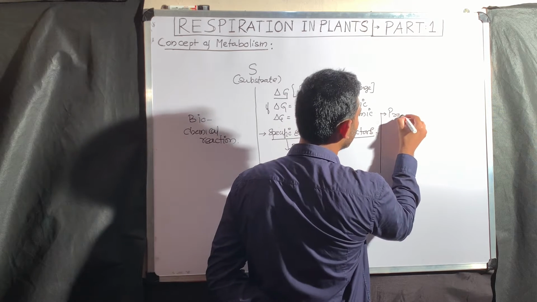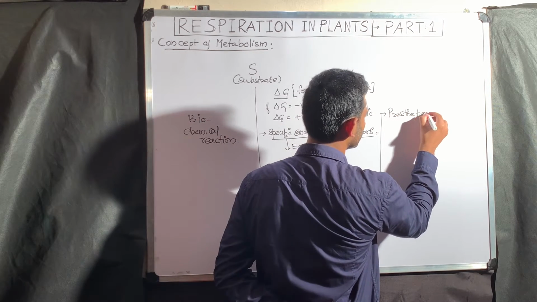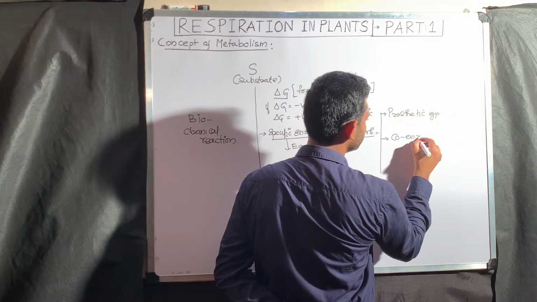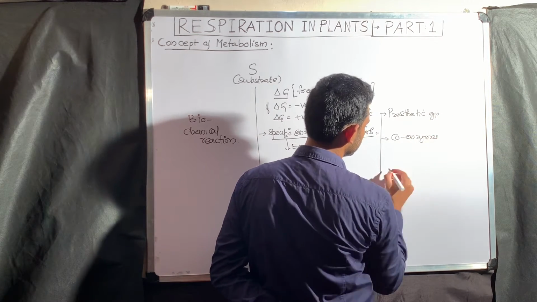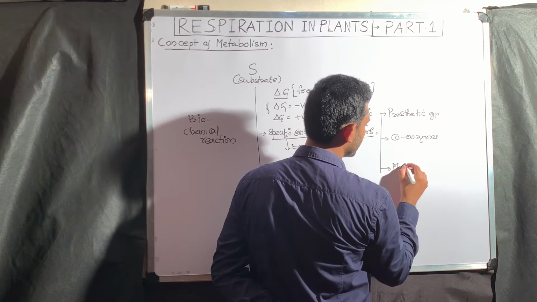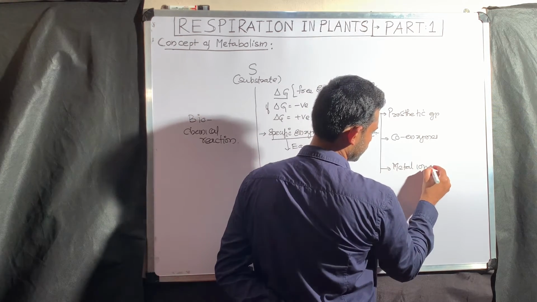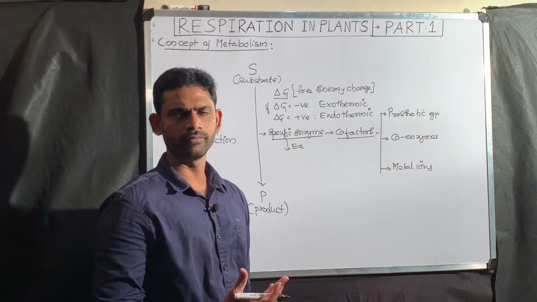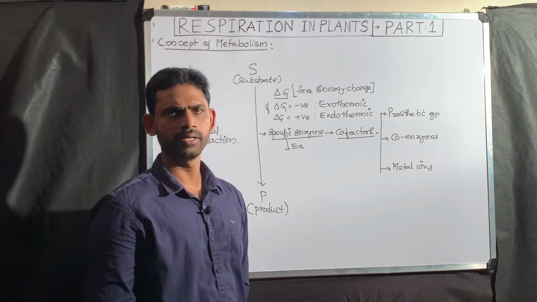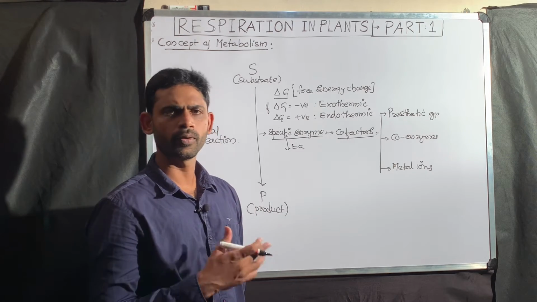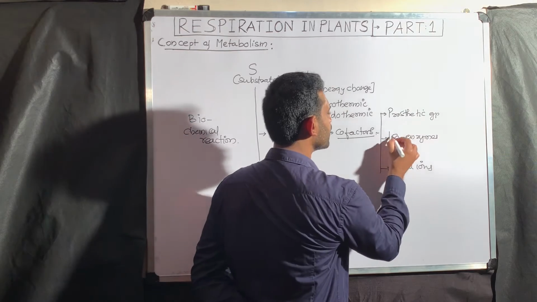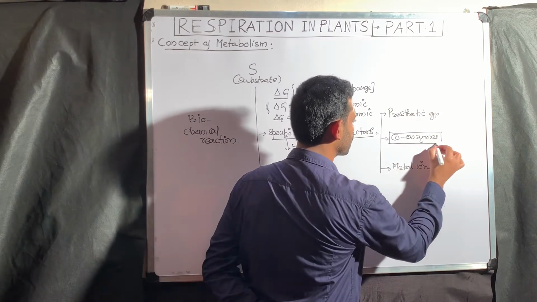Those include prosthetic group, the second one coenzymes, and the next one metal ion. These three are very important for the normal point of view. But from this chapter's point of view, respiration in plants, coenzymes are the most important.